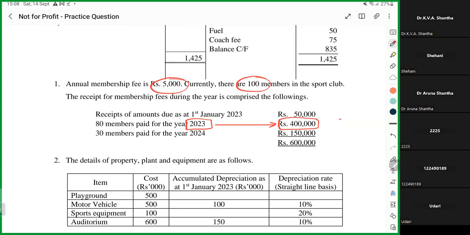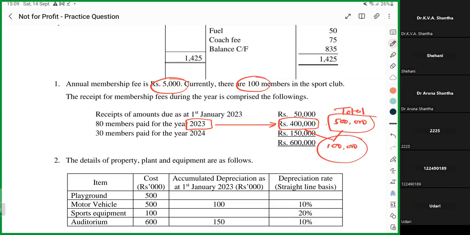Total receivable for the year, 500,000. But you receive 400,000. Then how much receivable at the end of the year? 500,000 total receivable, but received only 400,000. Then 100,000 is receivable at the end of the year.